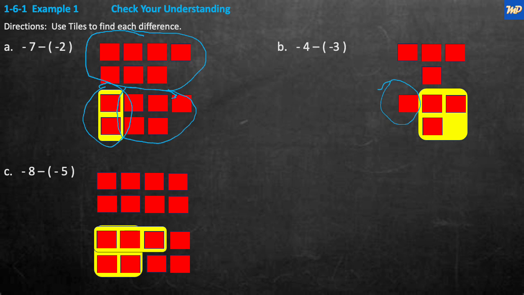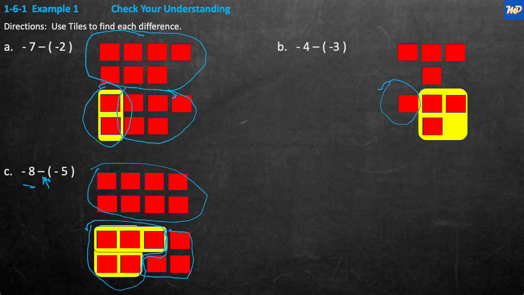Do the same thing for problem C. We're going to start with 8 negative tiles, and we're going to subtract 5 negatives. Here they are, 5. We're going to take away these 5 negative tiles. And what are we left with? We're left with 3.